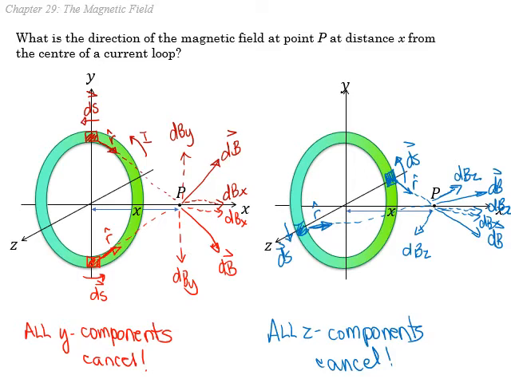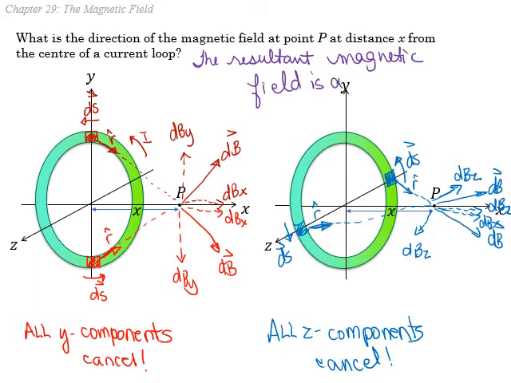None of the x components cancel, so the resultant magnetic field is all in the x direction. Okay, so now we've got the direction of the magnetic field. Next, we'll use the Biot-Savart law and find the magnitude.